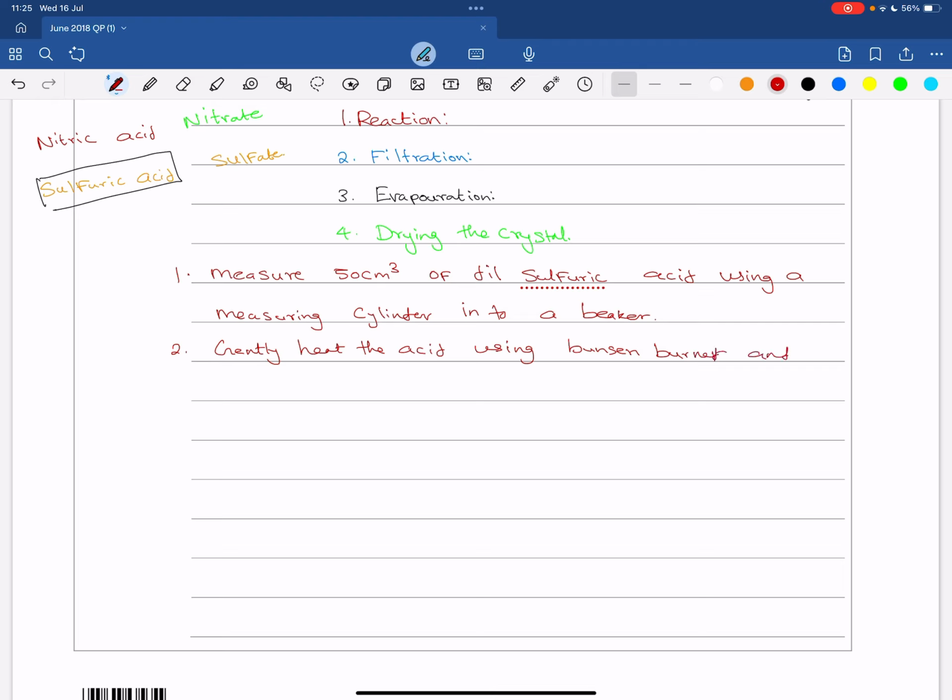And add a spatula of magnesium oxide. Keep stirring the mix with a glass rod.